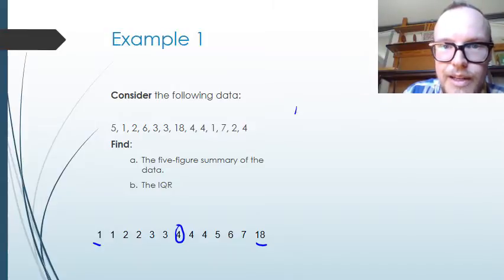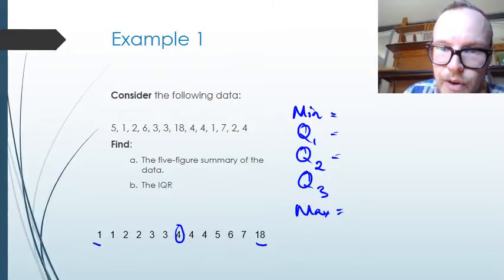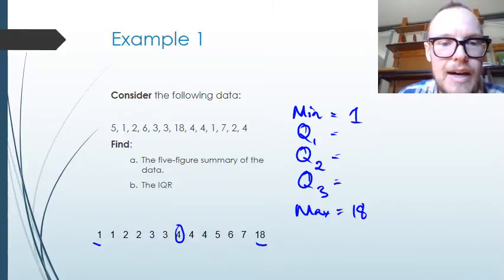So if we go minimum, Q1, Q2, Q3, and max, we can start listing our 5-figure summary. Our minimum is 1, that's our smallest value, our maximum is 18, and our median we found is 4.